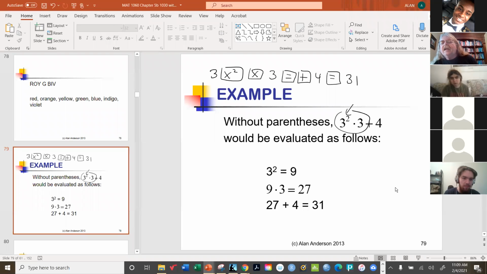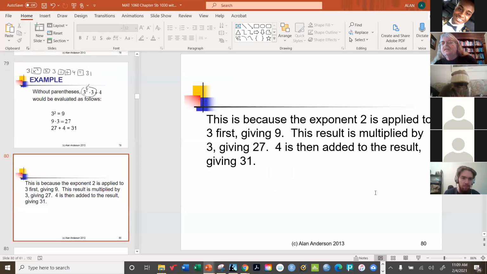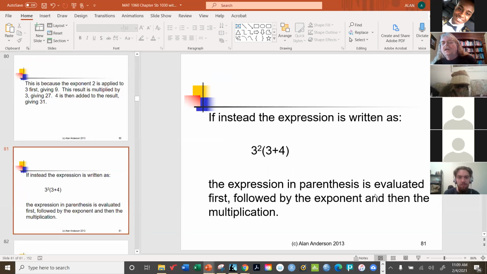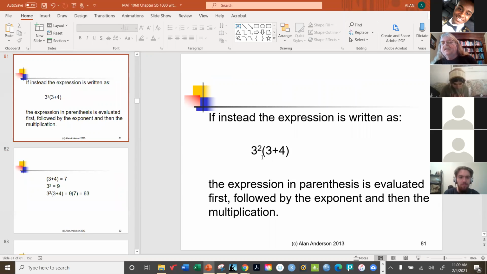Okay, but on the other hand, what if it was written like this? Now that changes everything, doesn't it? Before I didn't have parentheses, did I? No. So now what happens? This is evaluated first to give you a 7.